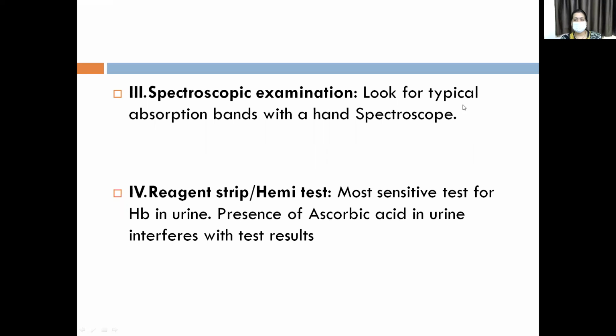Spectroscopic examination looks for typical absorption bands with a hand spectroscope. The reagent strip test is the most sensitive test. Presence of ascorbic acid, that is vitamin C, which everybody is taking because of COVID, will interfere with this test.